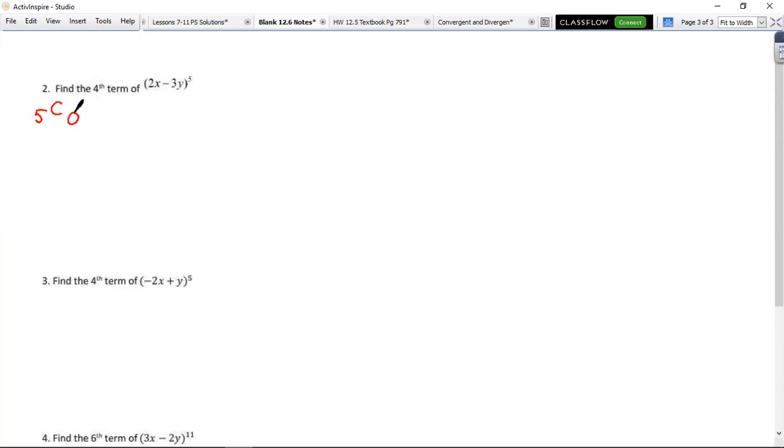We don't want that one though. I want the 4th term. So my next term would start with 5 choose 1. Don't want that one. The next term would be 5 choose 2. That's the 3rd term. The 4th term is going to start with 5 choose 3. So that is the setup I'm going to use.